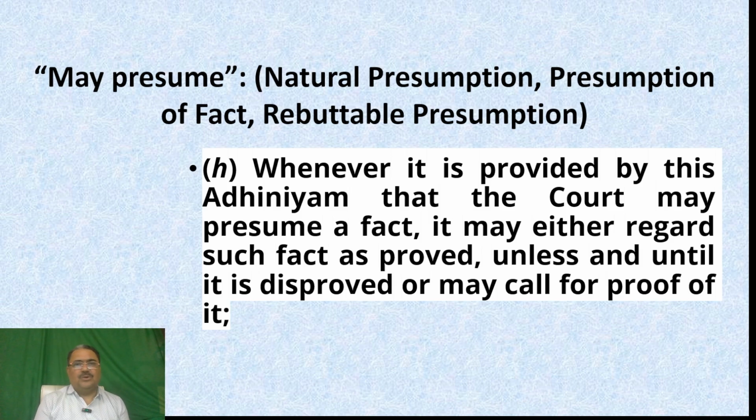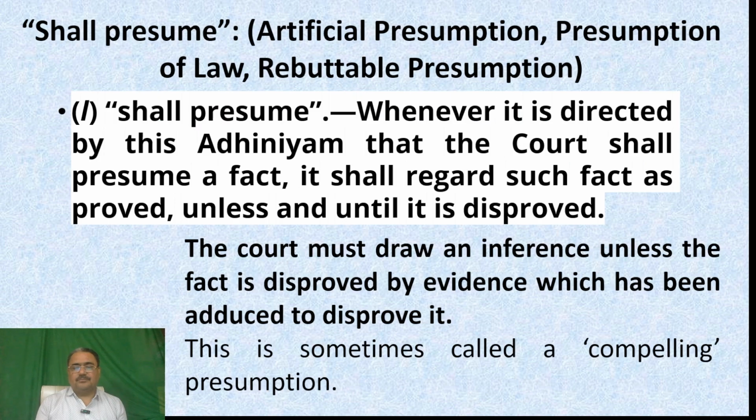Or the court may say, no, it's not enough, you require some more evidence to prove. Then the court may call for proof of it. Accordingly, these kinds of presumptions which we draw naturally from circumstances, we call natural presumption or presumption of fact.